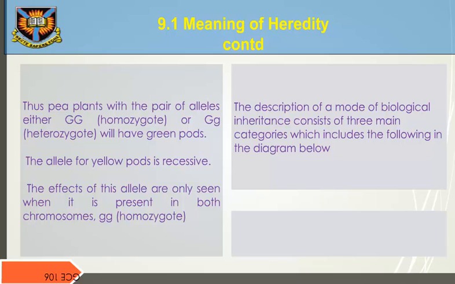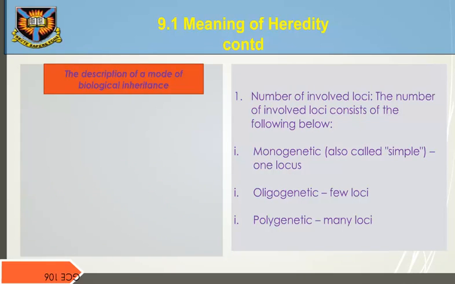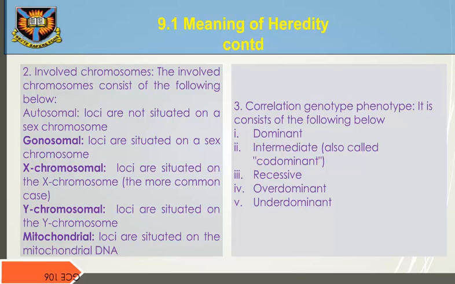The description of a mode of biological inheritance consists of three main categories, which include the following in the diagram below. 1. Number of involved loci. The number of involved loci consists of the following: Monogenetic, also called simple, one locus. 2. Oligogenetic, few loci. 3. Polygenetic, many loci. Involved chromosomes.